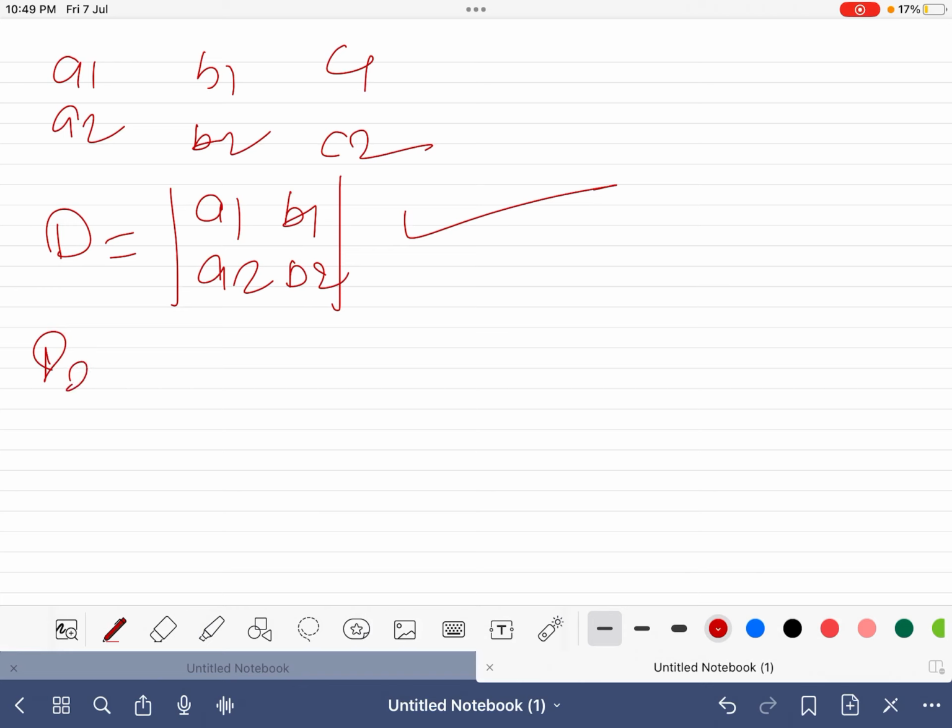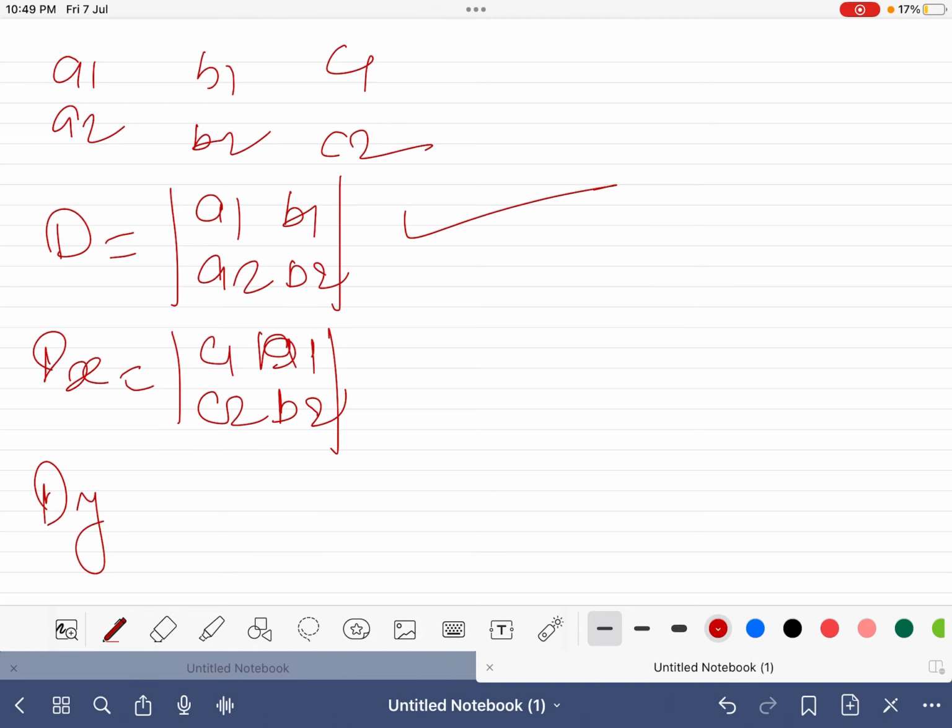Next one, Dx is nothing but c1 c2 b1 b2, and third one, Dy is equal to a1 a2 c1 c2.